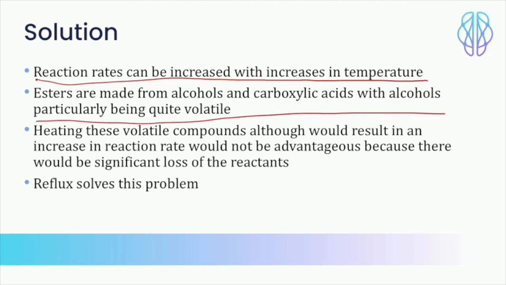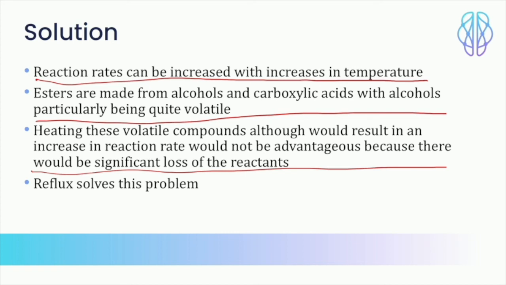Next, we have an issue. If we increase the temperature, carboxylic acids, and especially alcohols, are particularly quite volatile, meaning that if we increase the temperature, they'll form a vapor and they'll escape. And that's exactly what I say. If we increase the temperature, alcohols and carboxylic acids, especially alcohols, are quite volatile. They'll escape as vapors.